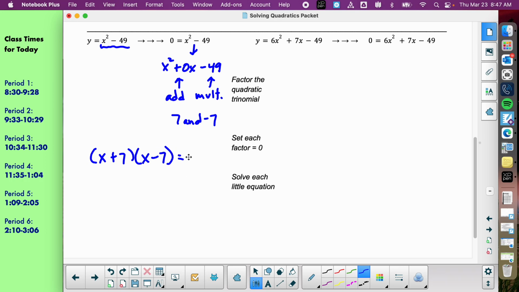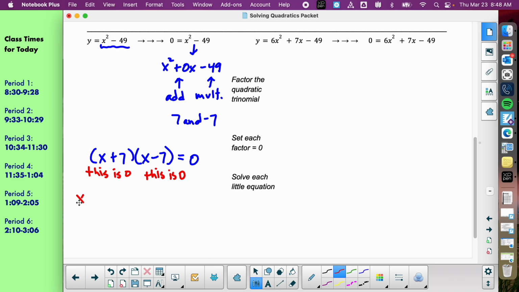Okay, we're going to make this equal to 0 because that's the problem we were given. We know that this is 0 or this is 0. Now, when I say the word "is," like this is 0, that's the English word for equals.